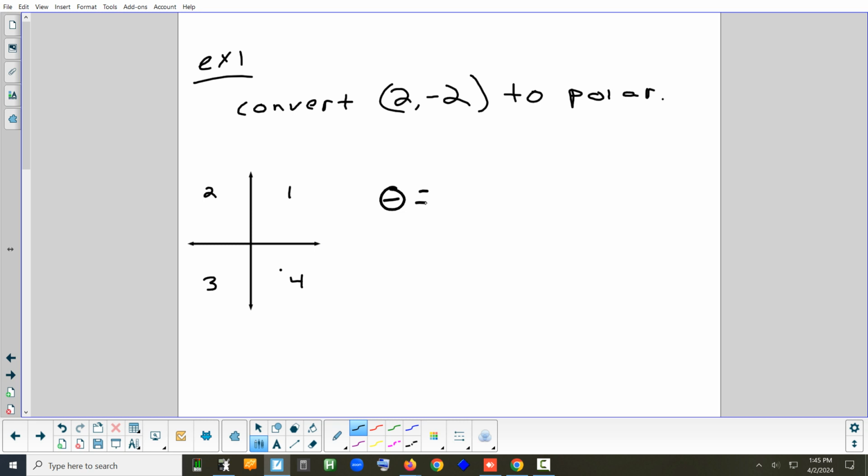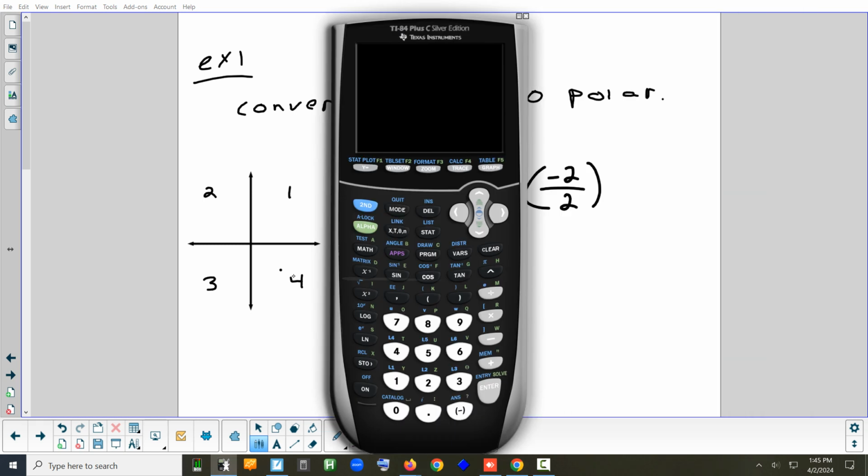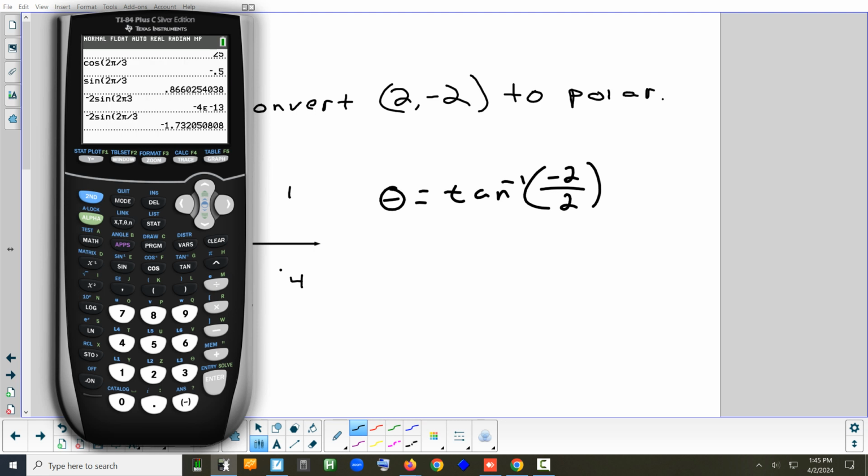Inverse tangent of y over x equals theta. Inverse tangent of, and what's y in this case? Y is -2. And x? 2. So it's really just the inverse tangent of -1. Okay, so inverse tangent of -1, and that's radians. But if we want degrees, we get -45 degrees.